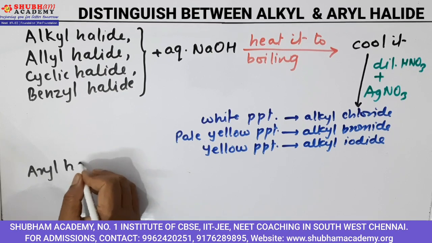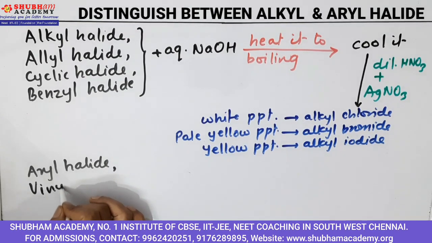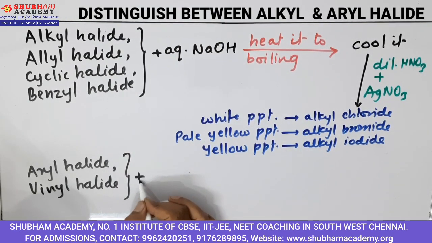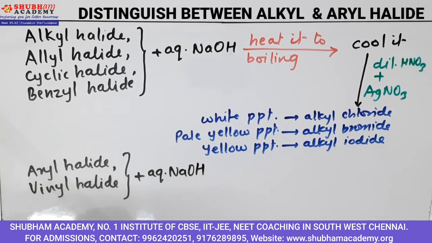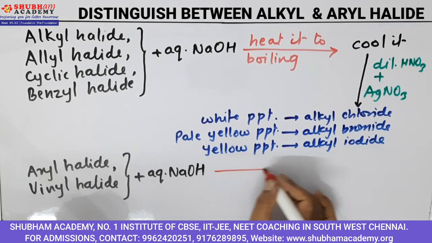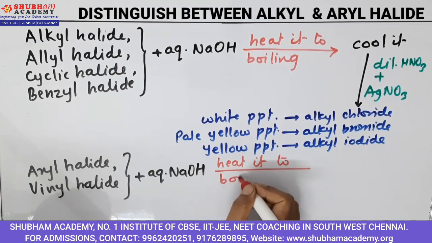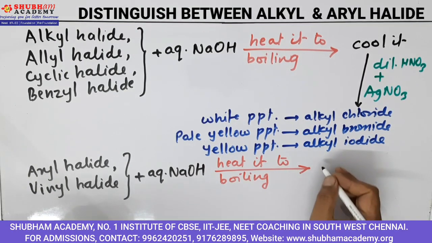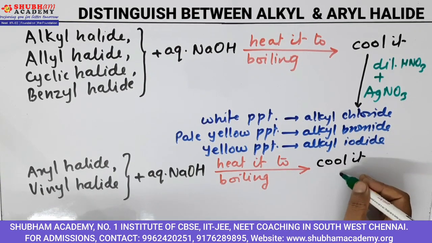Now if you are given with aryl halide or vinyl halide, okay, same, you add aqueous NaOH to it, then heat it to boiling, cool it, right, and then same, add dilute HNO3 and AgNO3.